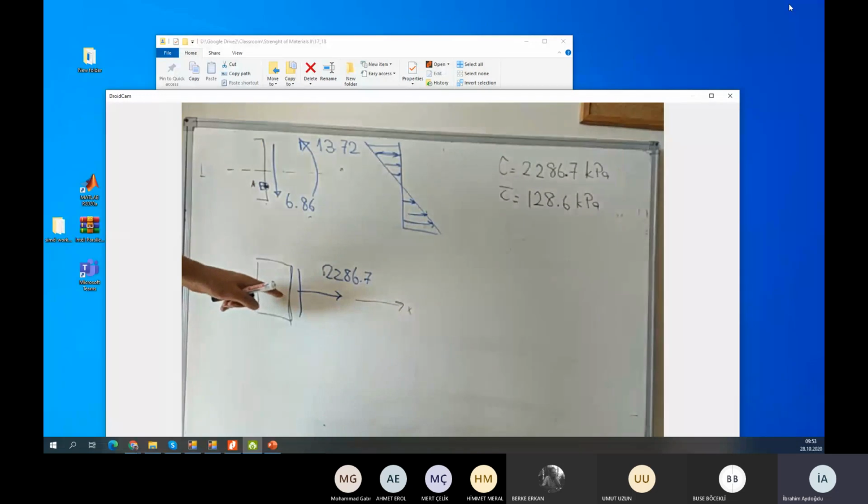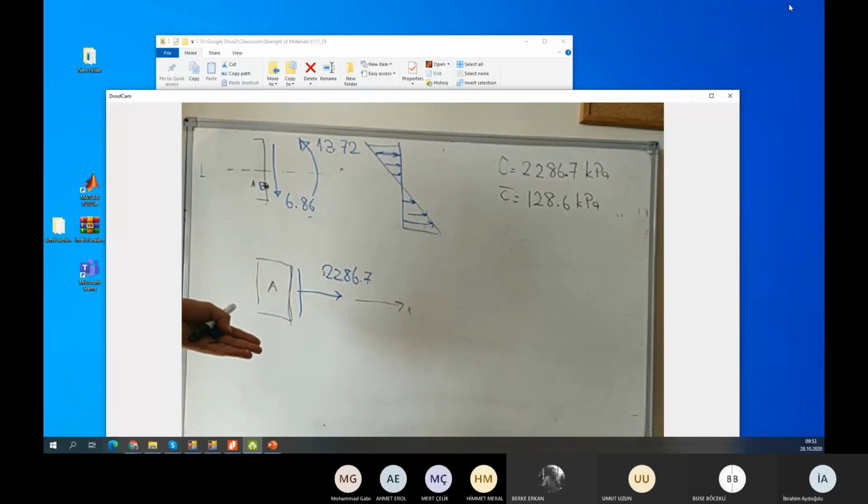Therefore, I always consider the reference surface like this. Okay, what is the value of the shear force? In this part I cannot say tension or compression. I can say upside or down, up direction or down direction.